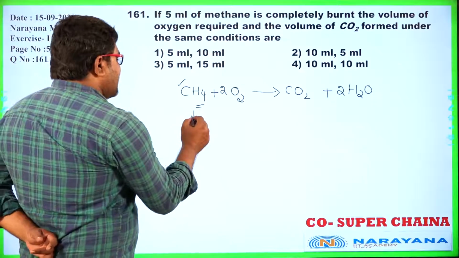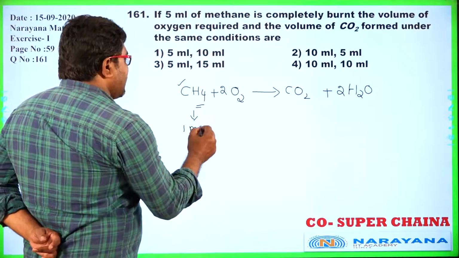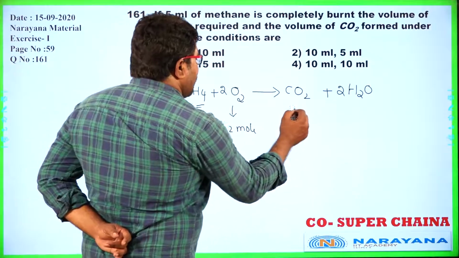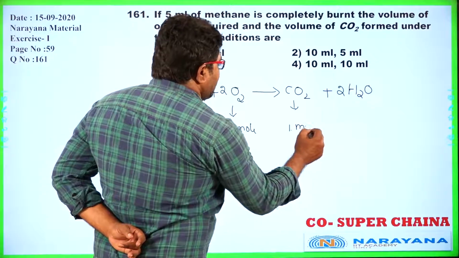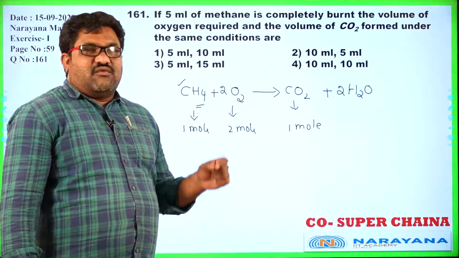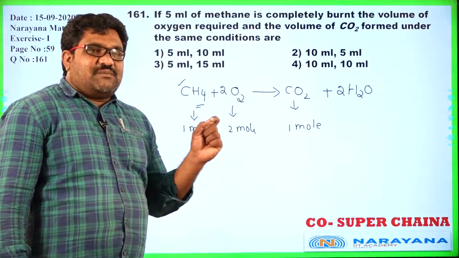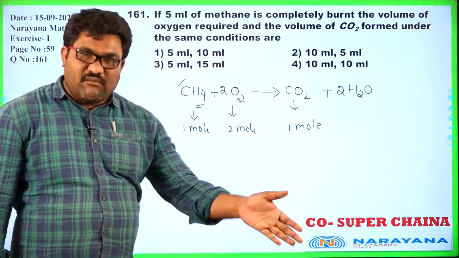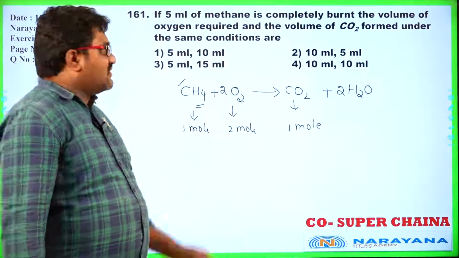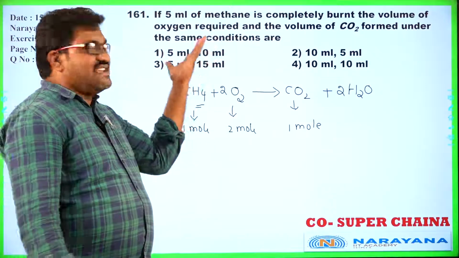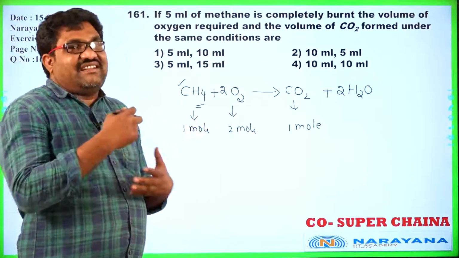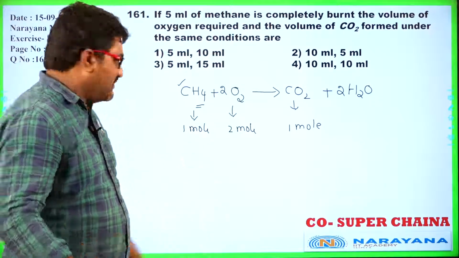So as per that, 1 mole of methane requires 2 moles of oxygen, and 1 mole of CO2 is formed. According to Avogadro's law, the volume of any gas is directly proportional to the number of moles at constant temperature and pressure. The conditions should be the same, as he has given that. So we can take the moles ratio as the volumes ratio, no problem.